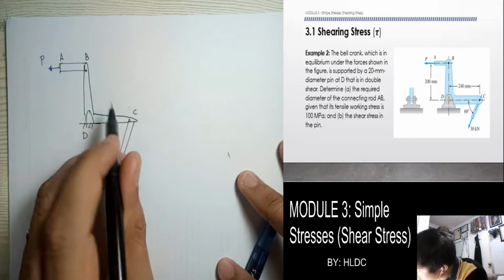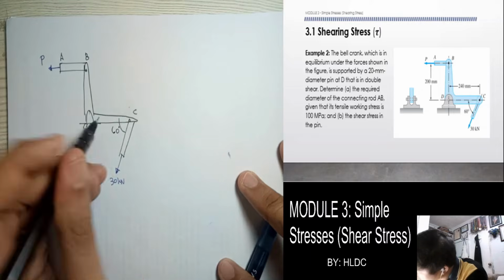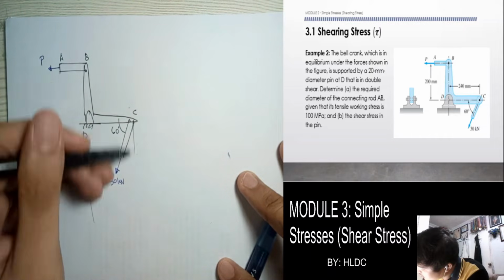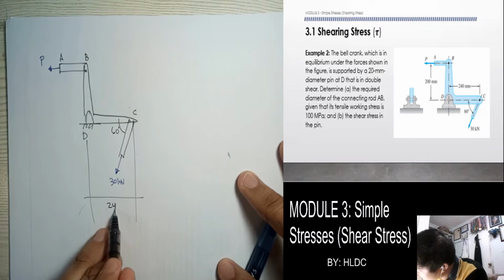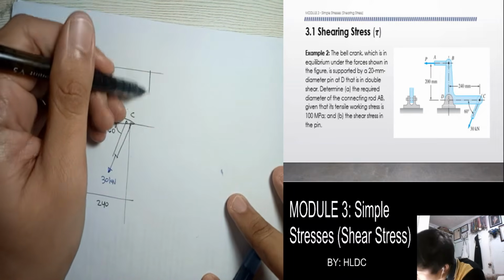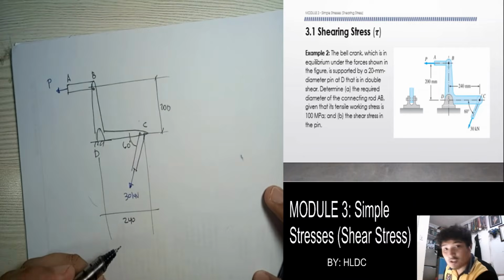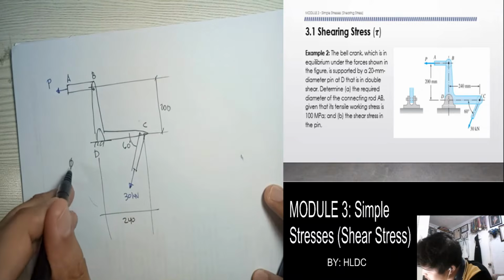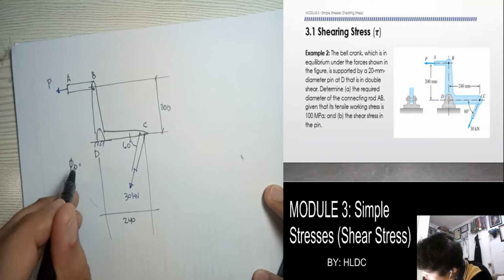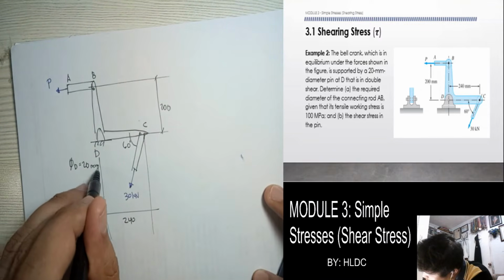So, given yung angle, 60. It's 240. This one is 200. Okay, ano pa yung mga given, class? So, given 20 mm diameter pin at D. So, diameter at D equals 20 mm.